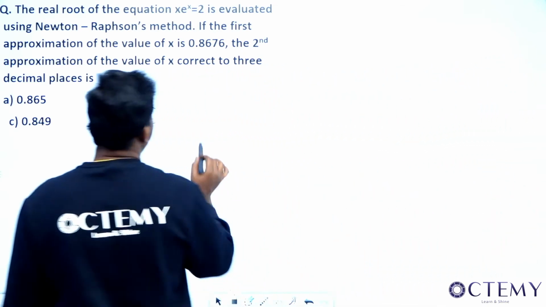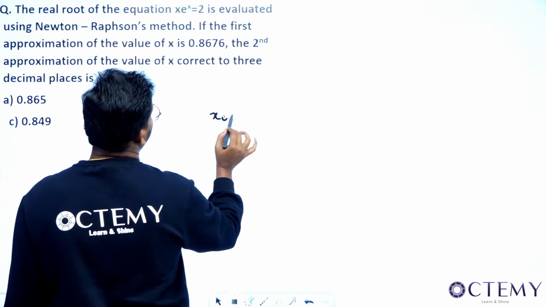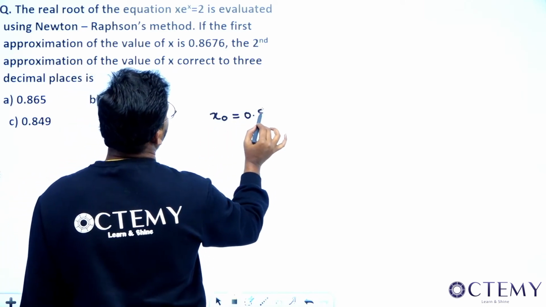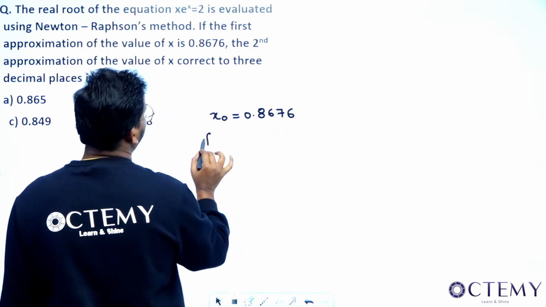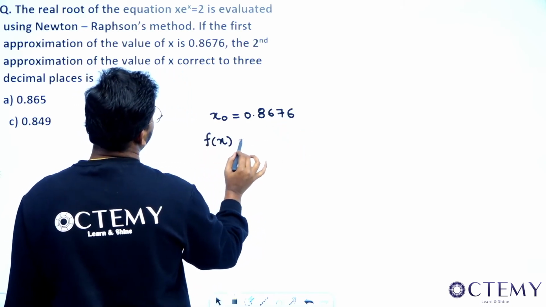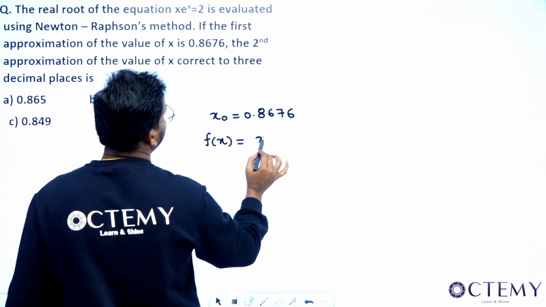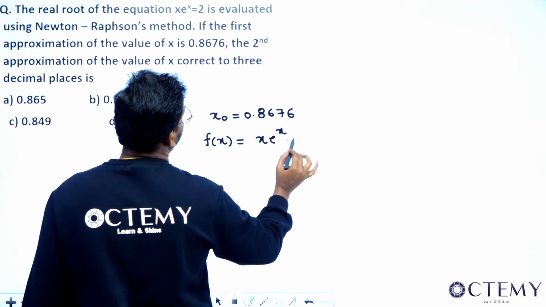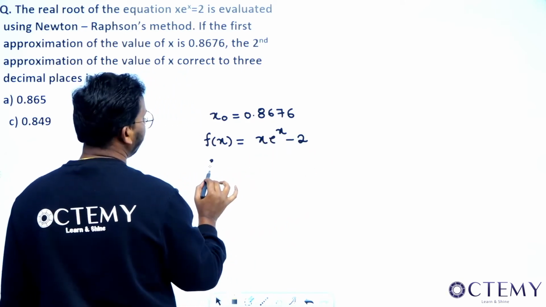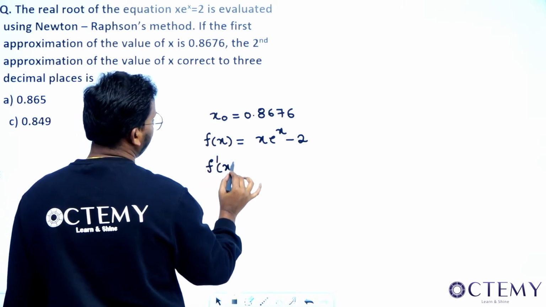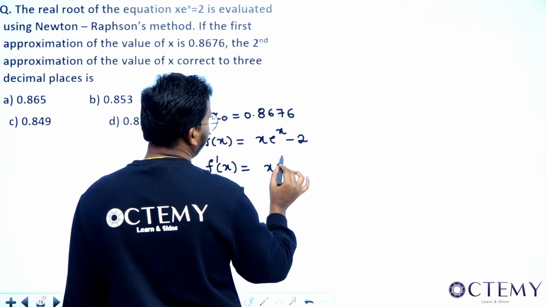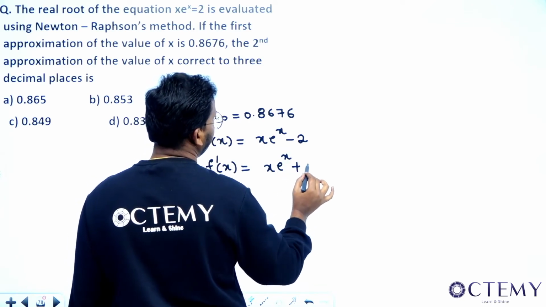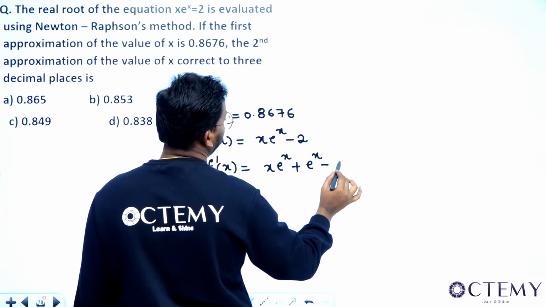So what is your x naught? 0.8676. What is your f of x? Your f of x is x into e power x minus 2. What is your f dash of x? Differentiate this: x into e power x plus e power x minus 0.